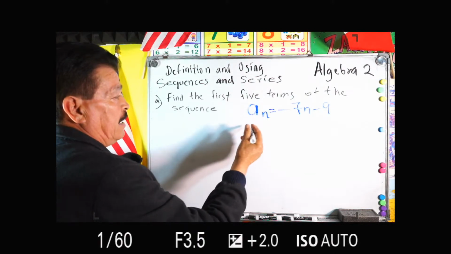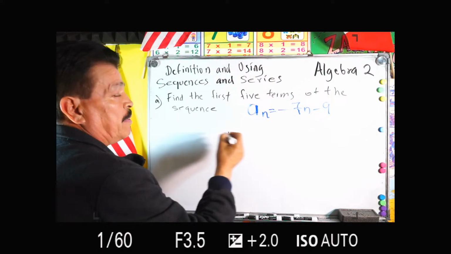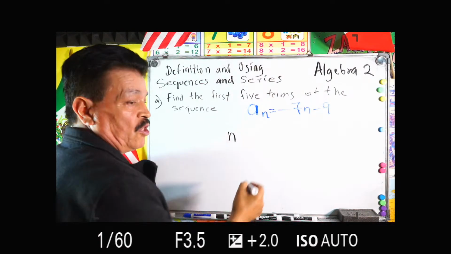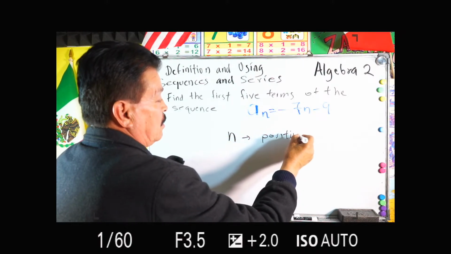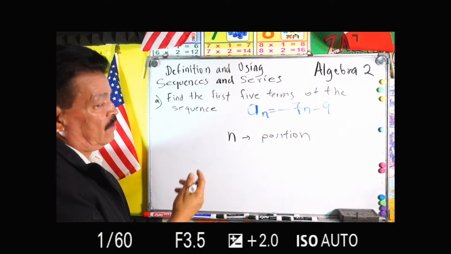For instance, n represents the position, okay? That is the position. And then we have another variable there.